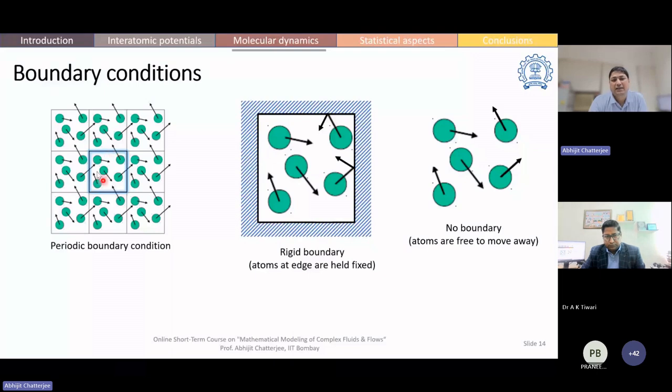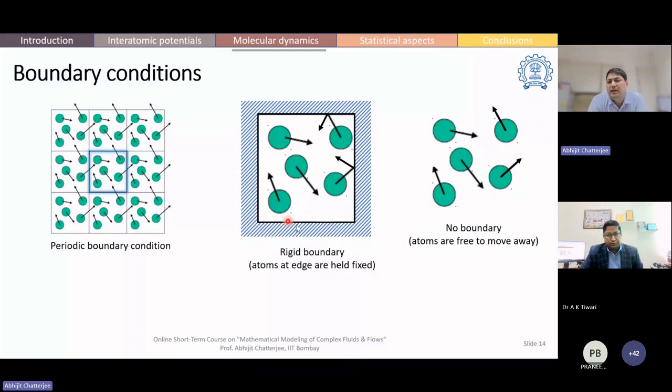This gives you an illusion as if you're working with an infinitely large system, when in fact you have a basic repeat length given by this box dimension. This is a very frequently used boundary condition in various molecular dynamics packages that are available freely, such as LAMMPS, NAMD and GROMACS.